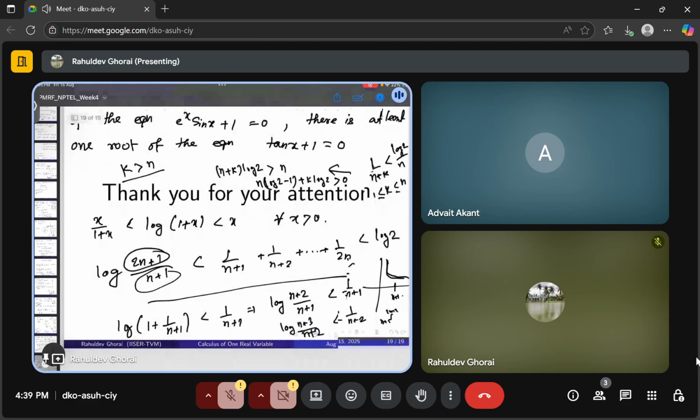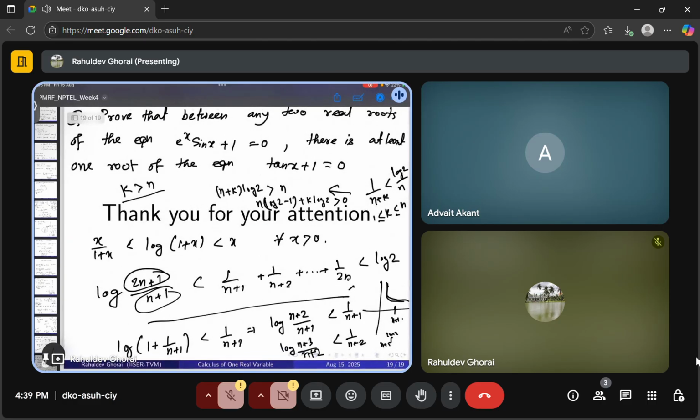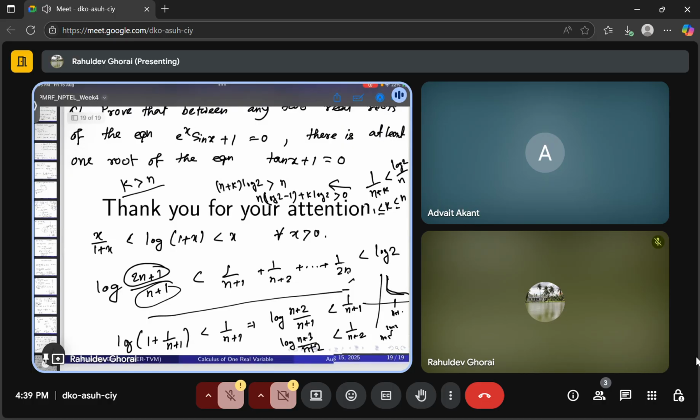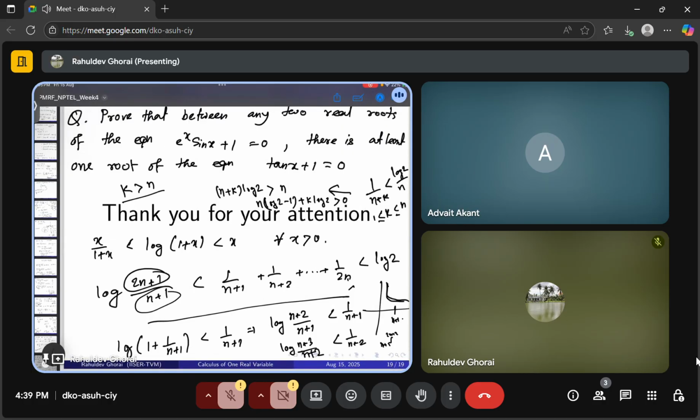No, no need to take. Yeah, I understand your thing. I'll just draw it. So 1 by x is integration 1 by x. Integration of 1 by x from... No, no. Yes, one minute. What I want to do is this as 1 by x.